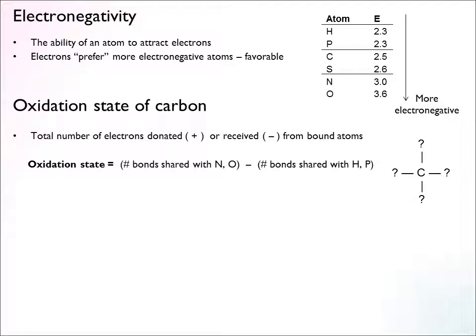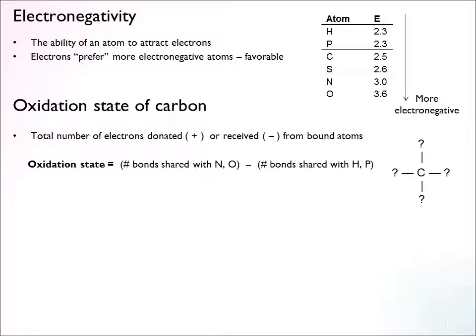If you think about the total number of electrons that it donates, gives away, or receives, the oxidation state quantifies this. So the oxidation state is positive if the carbon atom has donated a bunch of electrons, if it has become oxidized, or it is negative if it has received electrons, then it is reduced. So you can quantify this into a number, the oxidation state.